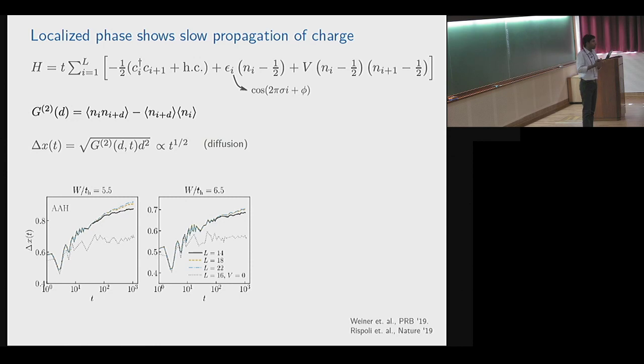The other way of saying it is that even though the entanglement and other kinds of measures will show that this phase is localized, the distance between two particles, or distance between densities, keeps growing. It doesn't grow as a power law, because if it were a power law, then it would be diffusion. Diffusion tells you that sigma dc will be finite, but here that is not the case. It's logarithmically slow even, but still there is some interesting feature going on. And this is not only the numerics that shows this.